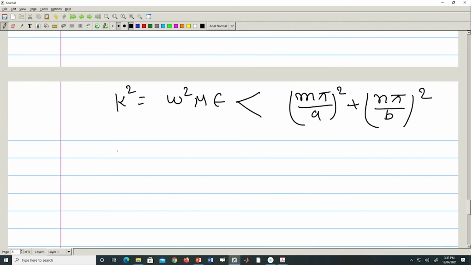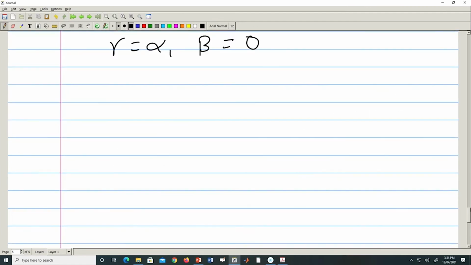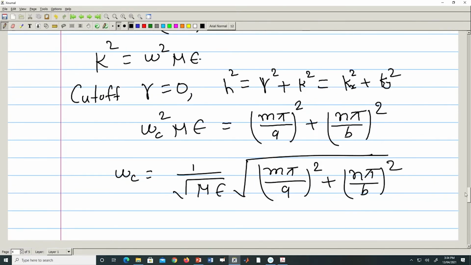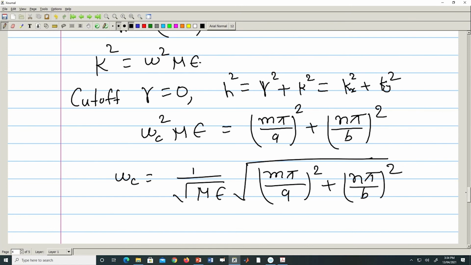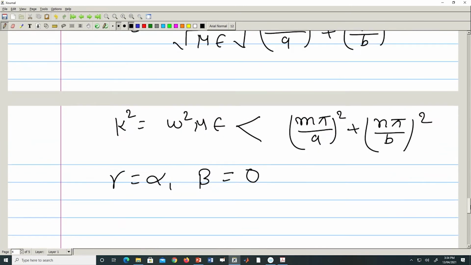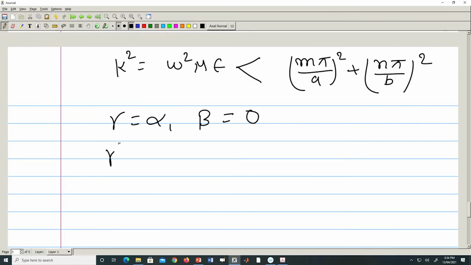Because we can see that gamma square equals kx square plus ky square minus k square. If k square is less, then this will be positive and gamma will be a positive quantity.